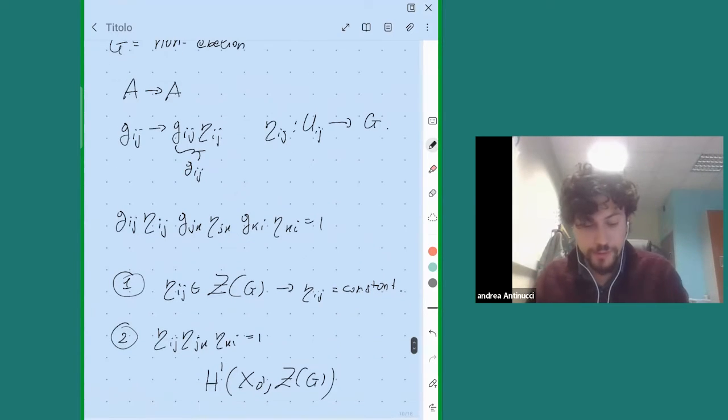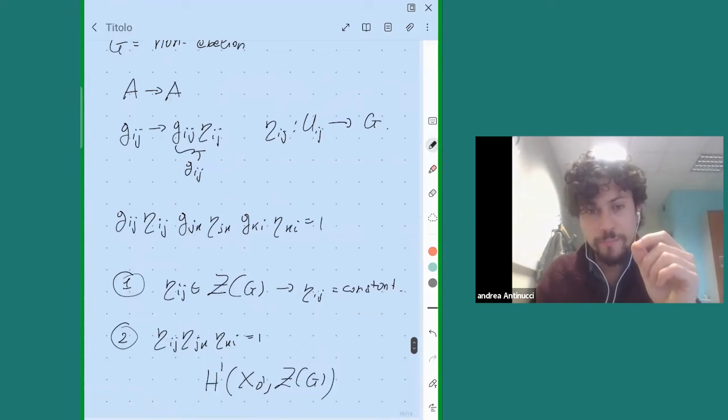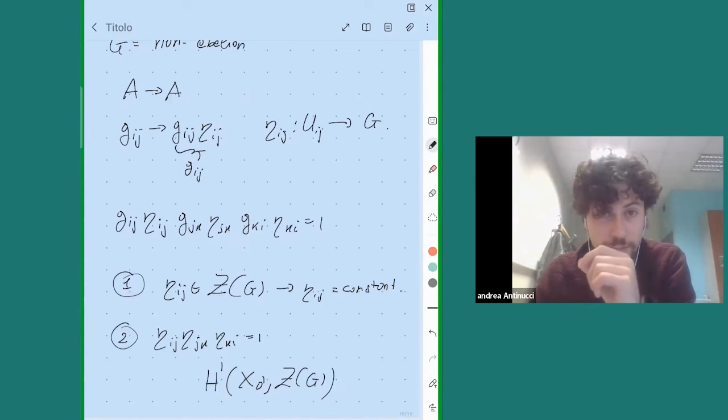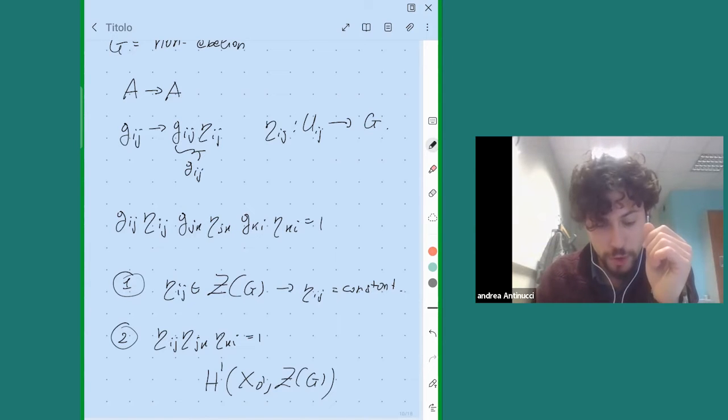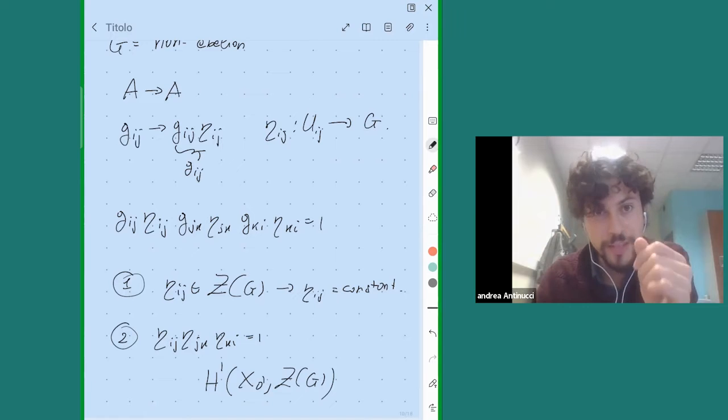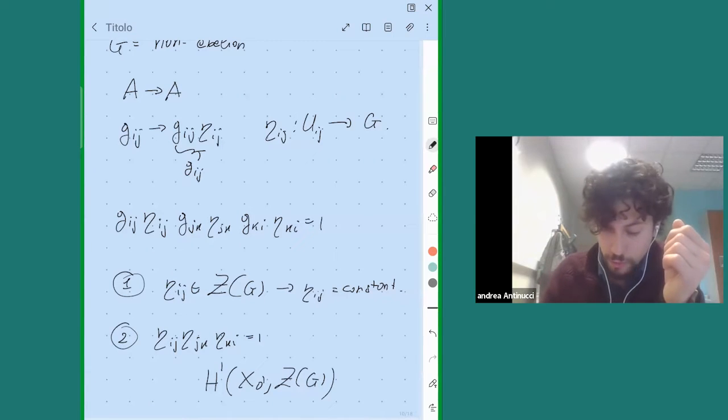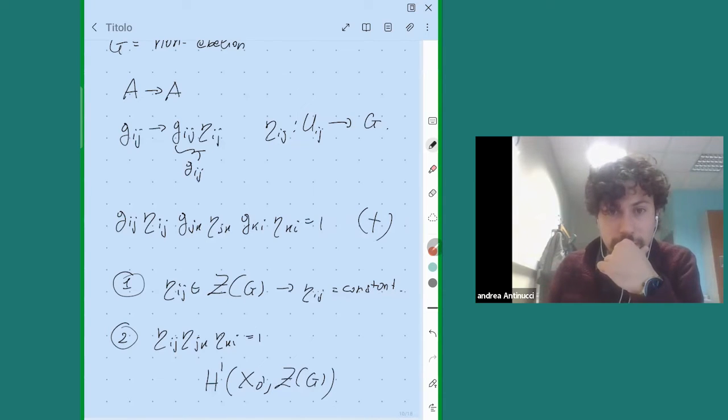Okay, the important point is the following: the transition function must satisfy the cocycle condition. The G. Then you are performing this transformation on the G. You are sending G to G prime, which is G eta. Then this new G prime must satisfy the cocycle condition. So this equation that I wrote here is basically the cocycle condition for the G prime.